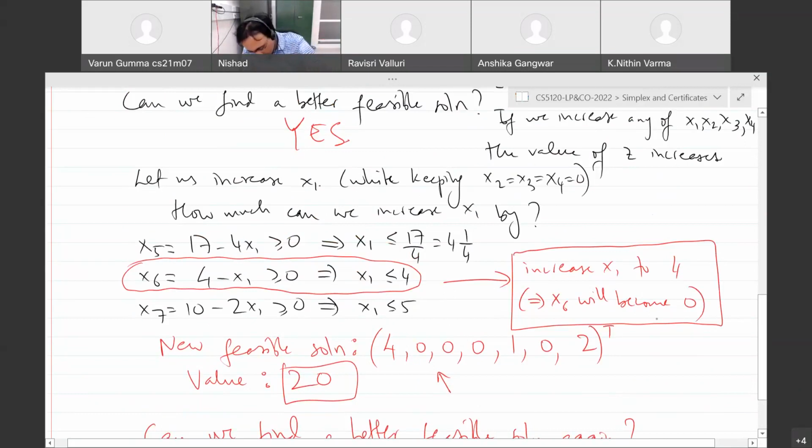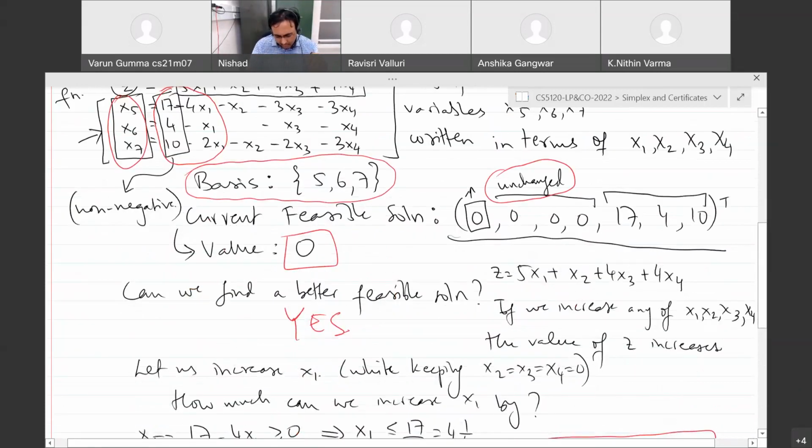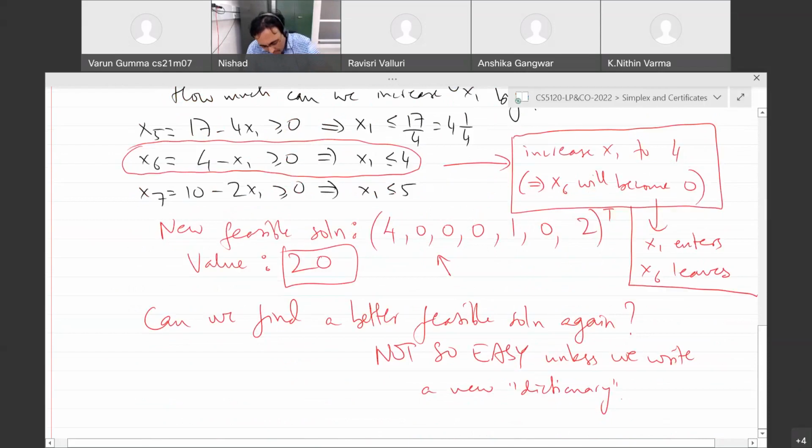Okay, so x1 enters and x6 leaves. Our new basis is going to be, instead of 5, 6, 7, it's going to be 1, 5, and 7. Notice that 1, 5, and 7 are these variables, and the other variables are actually 0.